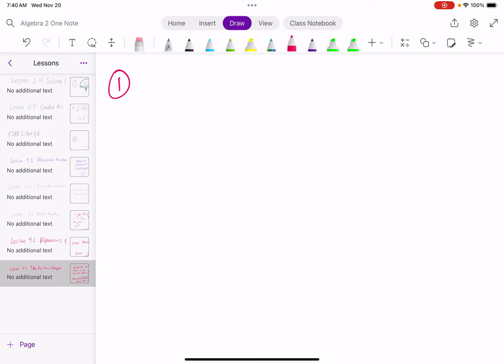So we're not allowed to graph it, and our equation is this. And we want the number of extreme points. Well, I know that extreme points depend on the degree of the function, which in this case is 8.